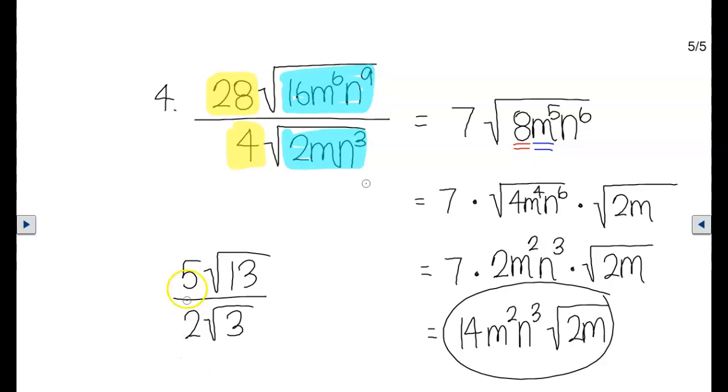When I try to divide the outsides, 5 divided by 2 would give me a decimal. When I divide the insides, same thing. 13 divided by 3 would give me a decimal. So on Monday, we tackle division problems like this that are not divisible, things that we can't easily divide. So we'll talk about how to handle that on Monday.